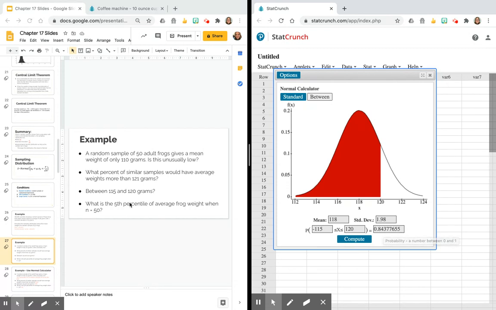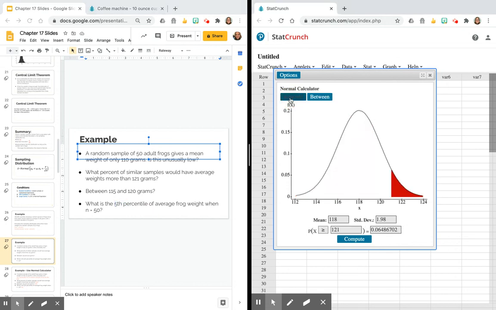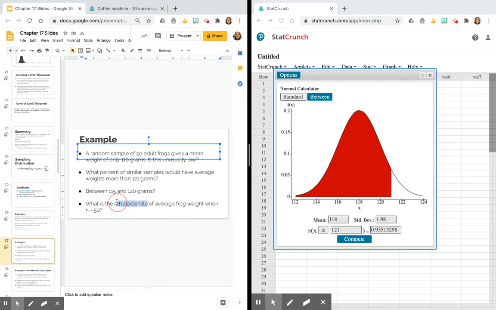And then what is the fifth percentile? So don't forget for percentile, I'm going to switch it back to standard. For the percentile, that's the percentage of everything that's at or less than that value. So for this one, I'm going to switch my inequality symbol to less than, and percentile is giving me the percent.